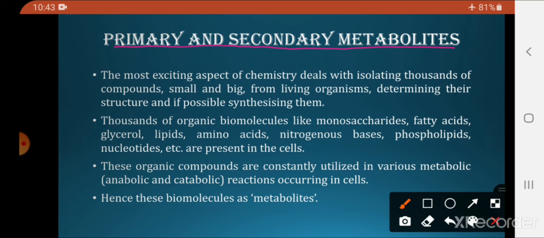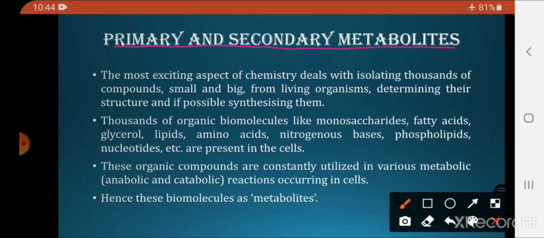Those metabolic reactions are of two types, catabolic and anabolic. Anabolic यानी जिसमें कुछ सिंथेसिस होता है, and catabolic यानी जिसमें कुछ ब्रेकडाउन होते हैं. सो ये मेटाबॉलिक रिएक्शंस में ऑर्गेनिक कंपाउंड्स आर यूज्ड. सो दिस ऑर्गेनिक कंपाउंड्स आर कॉल्ड एज व्हाट?